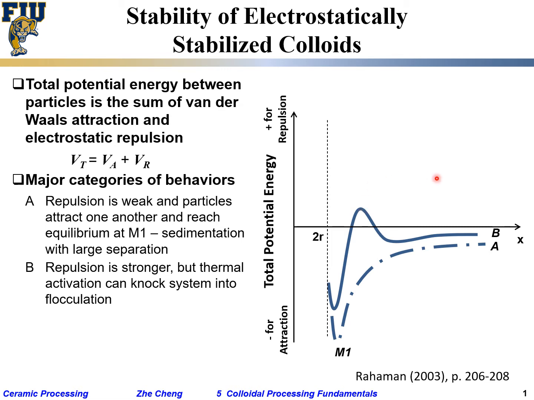But on the other hand, you probably do not have enough surface charge, which means by thermal activation, by atoms heating it randomly, we may overcome this barrier and knock the system into where? Into here.